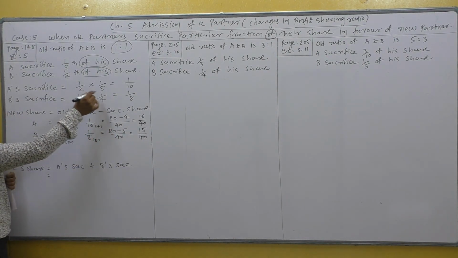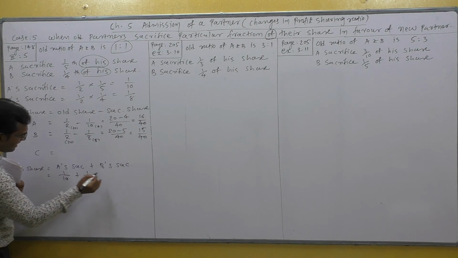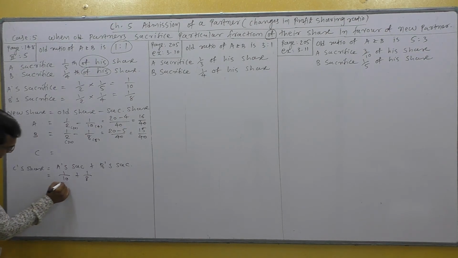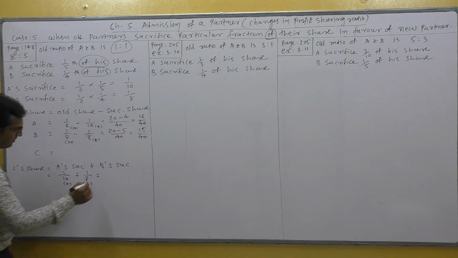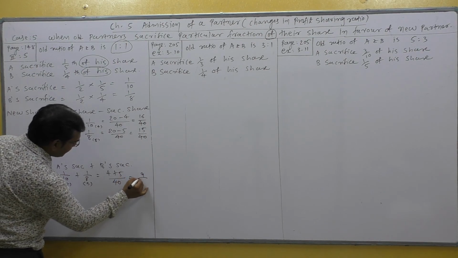A sacrifices 1/10 share and B sacrifices 1/8 share. Right? Now take LCM. So LCM is 40. So here 4 and here 5. So 4 plus 5 divided by 40 is equal to 9/40.